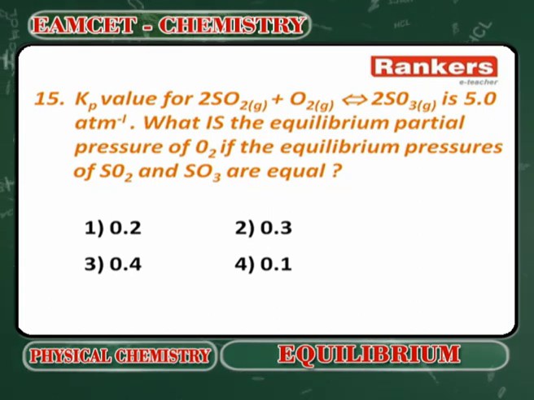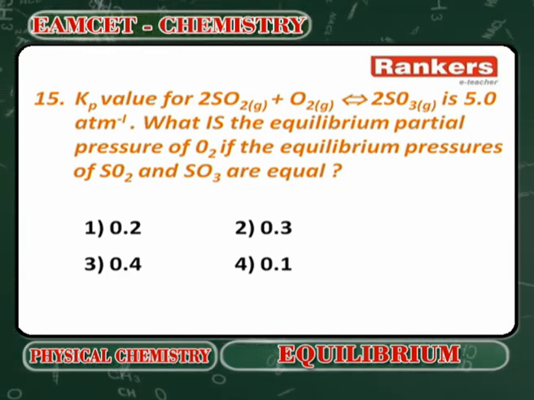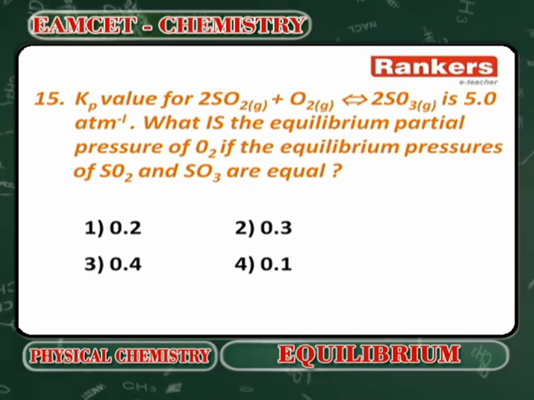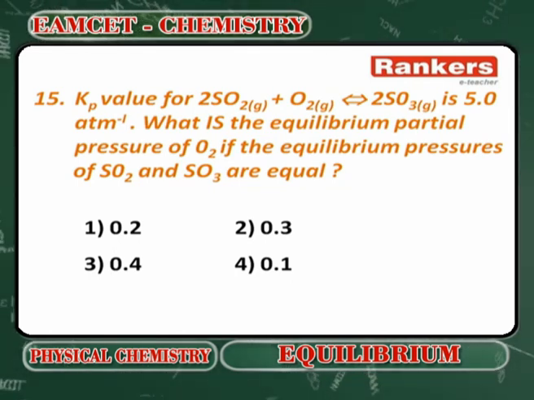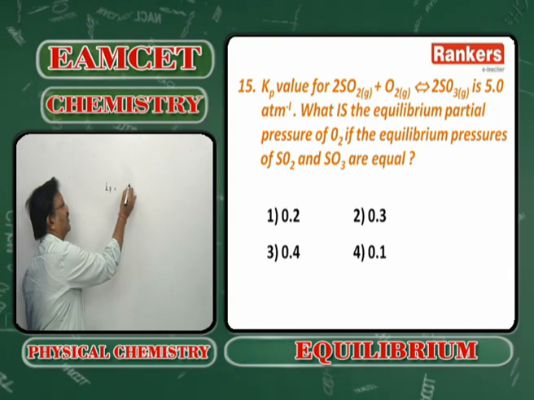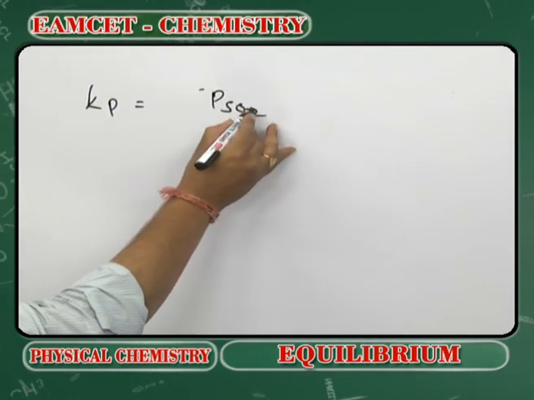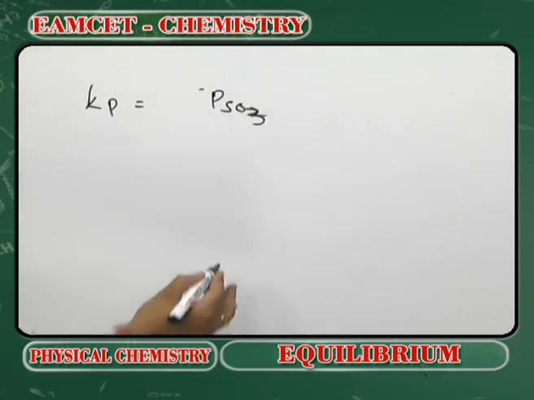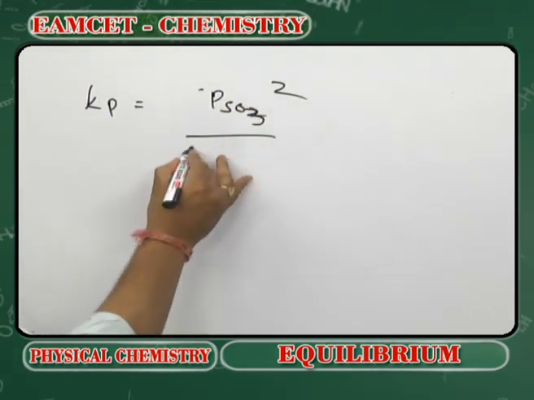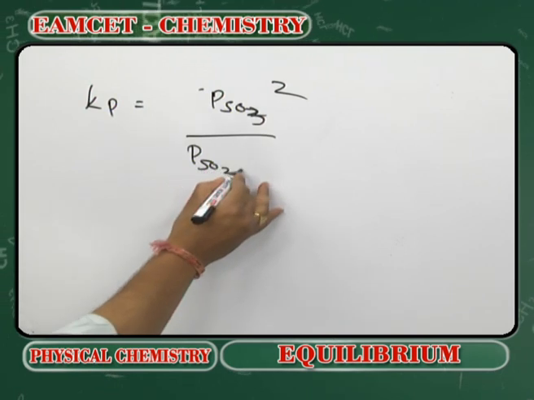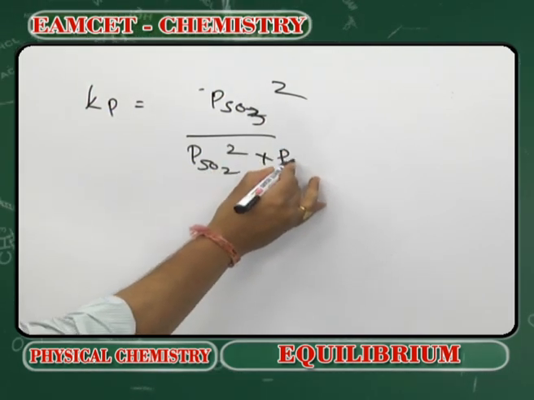Kp value is 5 atmospheres. What is the equilibrium partial pressure of O2 if the equilibrium pressures of SO2 and SO3 are equal? What is the expression for Kp here? Partial pressure of SO3 square by partial pressure of SO2 square into partial pressure of O2.